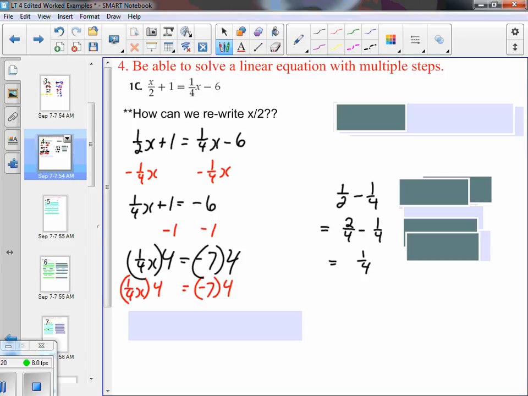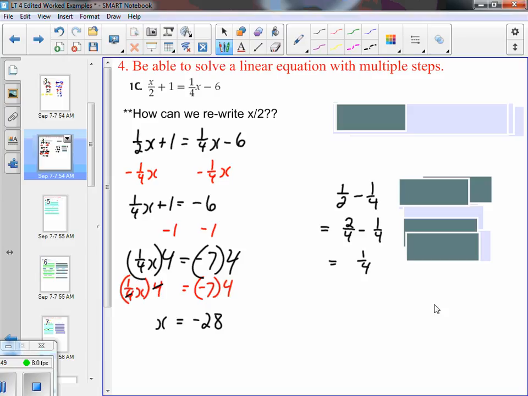Well, 1/4 times 4 is 1, leaving me with the x that I wanted, and then negative 7 times 4 is negative 28. You started off different at the beginning, but you got the same, didn't you?